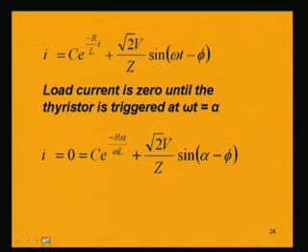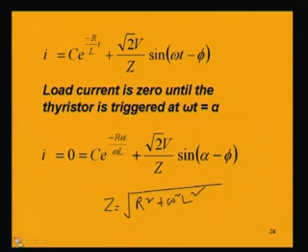So, we write the current equation i equal to C into e to the power minus R by L into t plus root 2 V by Z, where Z is nothing but root over R square plus omega square L square, the impedance of the load, into sin of omega t minus phi, which is basically the steady state component.